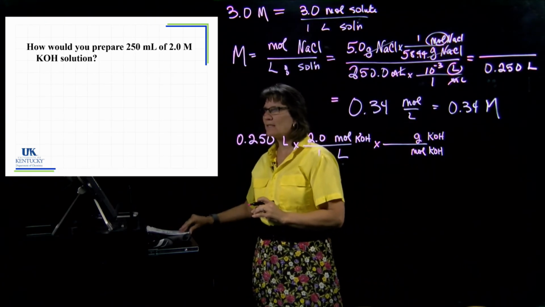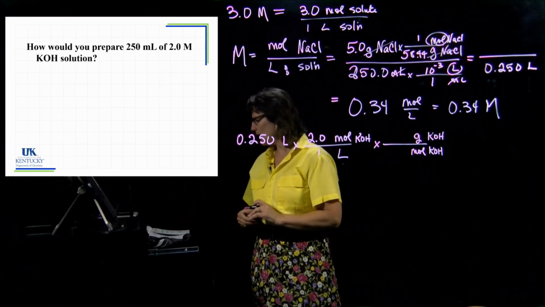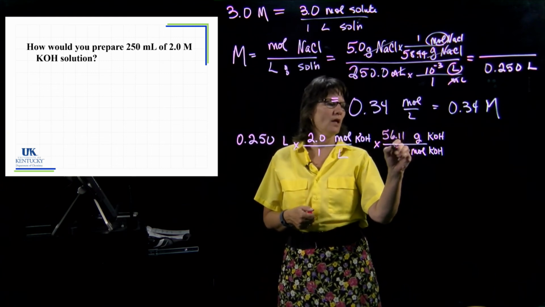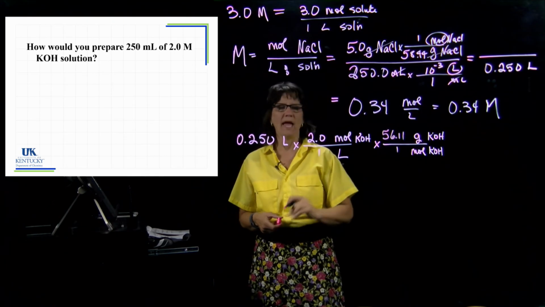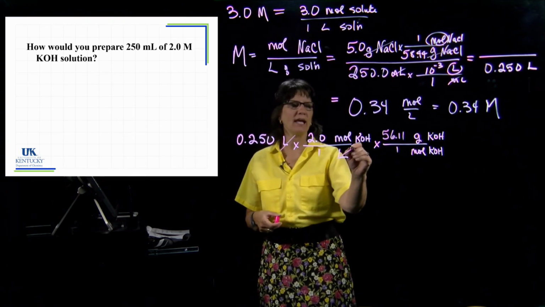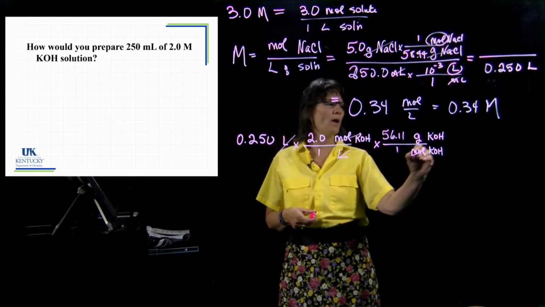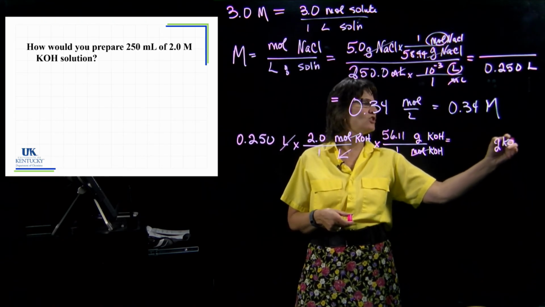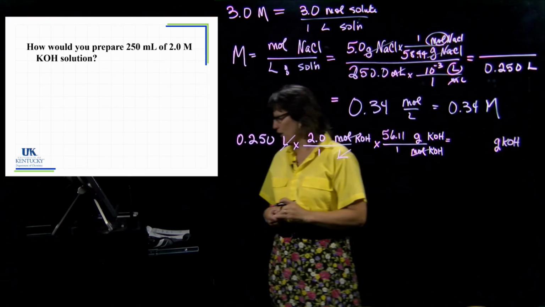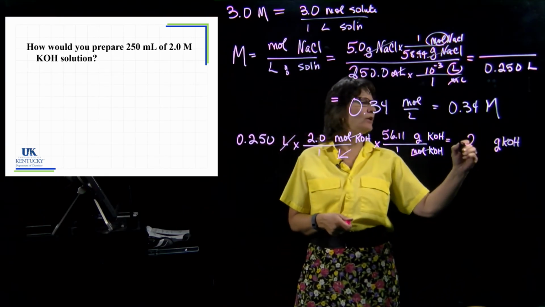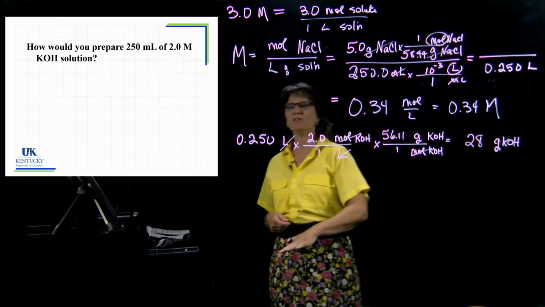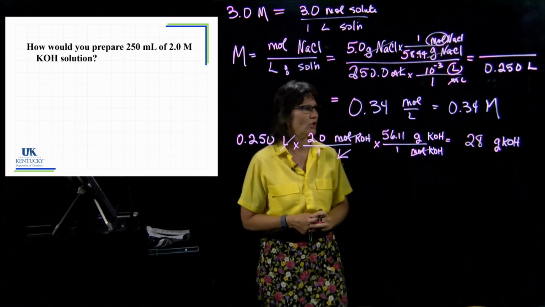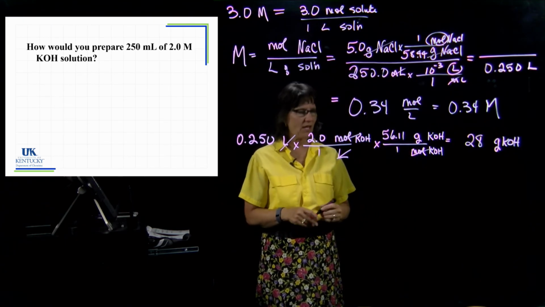Now, the molar mass of KOH is 56.11 grams in a mole. And now my liters of solution are canceling, my moles of KOH are canceling, and I'm left with grams of KOH, and the value for that is 28. I only know it to two significant figures because that was my molarity. So that is how many grams of KOH I need.